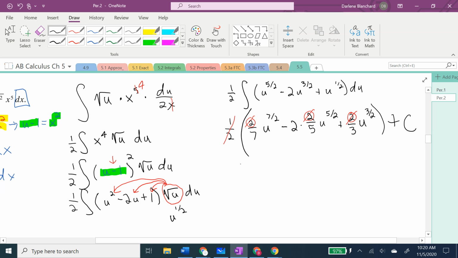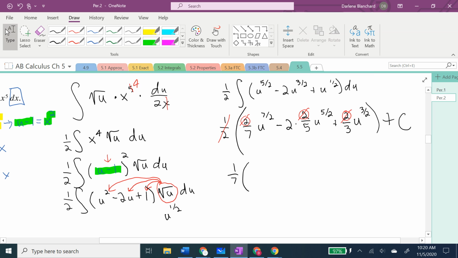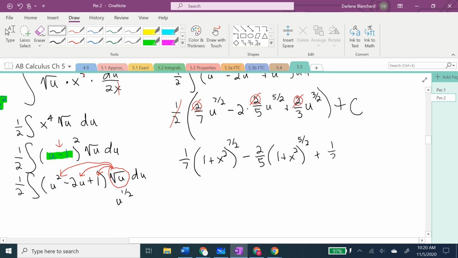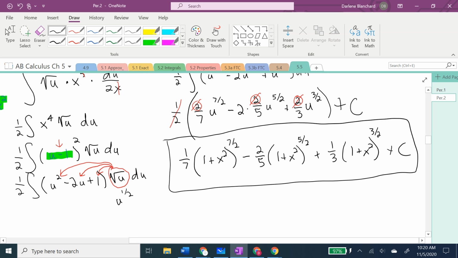So now I end up with 1/7 times u, which is 1 plus x squared, minus 2/5 times u, which is 1 plus x squared to the 5/2, and 1/3. And this makes for a solution.